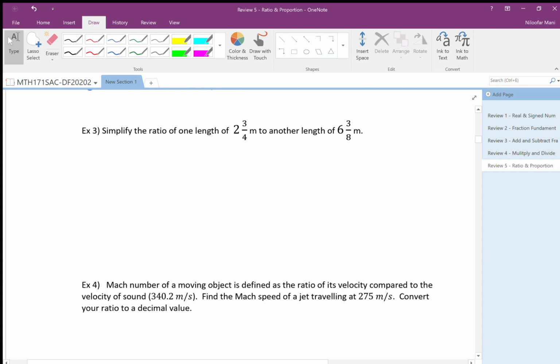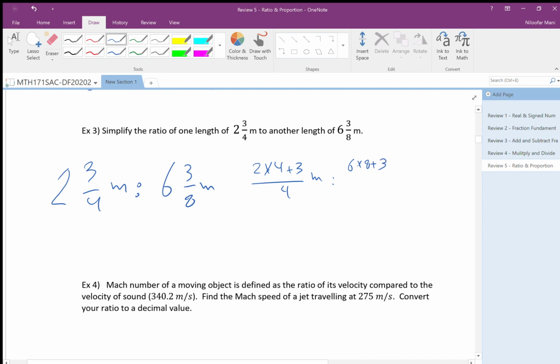Okay, so it is 3/4 meter to 3/8 meter, which is 2 times 4 plus 3 over 4 meter to 6 times 8 plus 3 over 8 meter, which is 11/4 to 51/8.